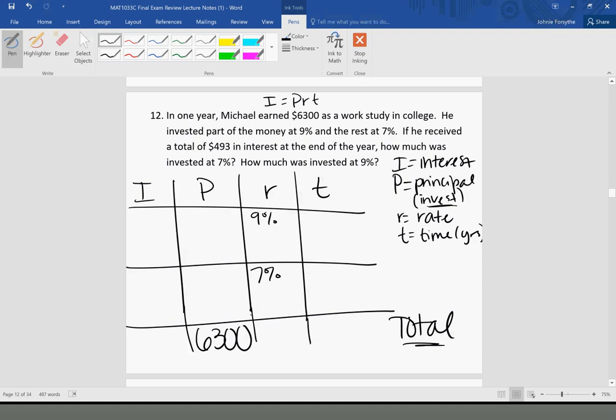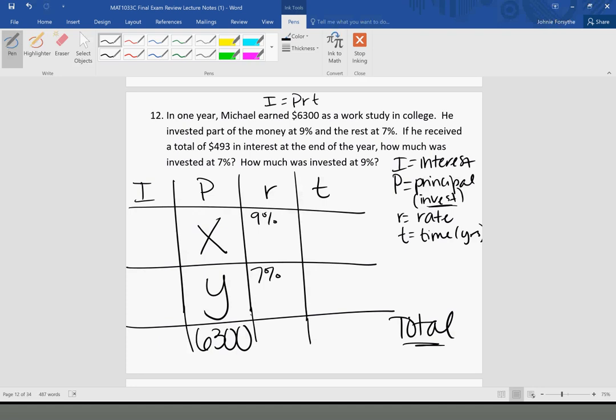Now the question is, how much was invested at 7%? And how much was invested at 9%? So let's make the 9% amount that he invested be X, and the 7% amount that he invested be Y, because that's what we're trying to solve for.